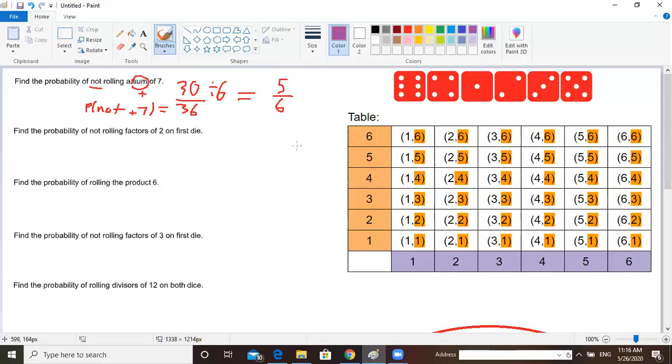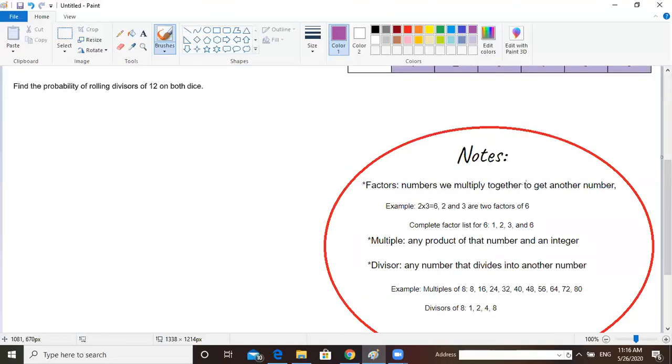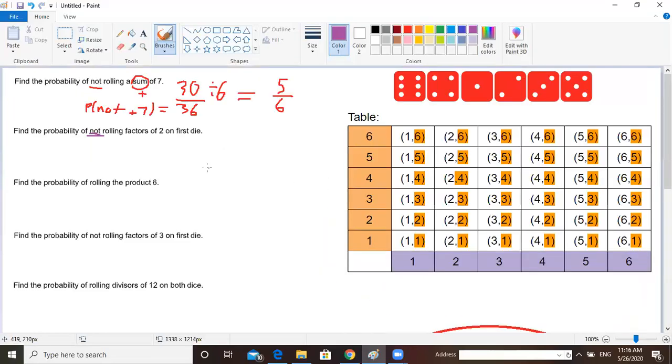Let's try number 2. Number 2 says, find the probability of not rolling factors of 2 on the first die. So again, we have not over here. We have to focus on not. And factors of 2 are just any 2 numbers we multiply together to get 2. So over here, factors of 2, we only have 1 times 2.